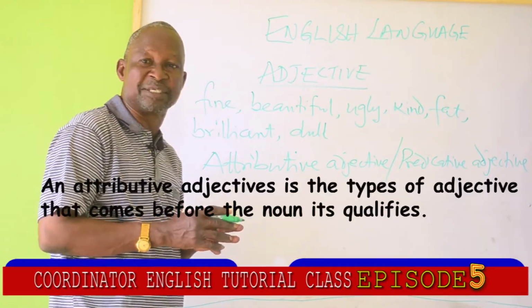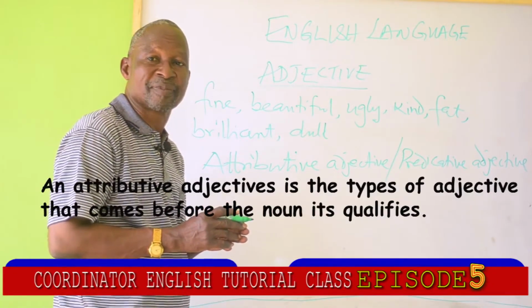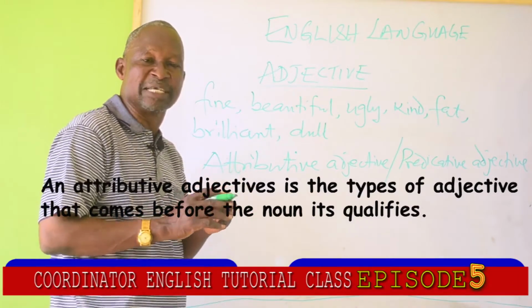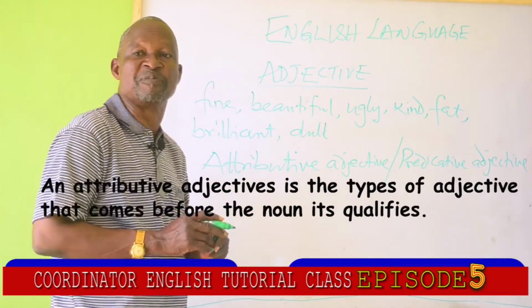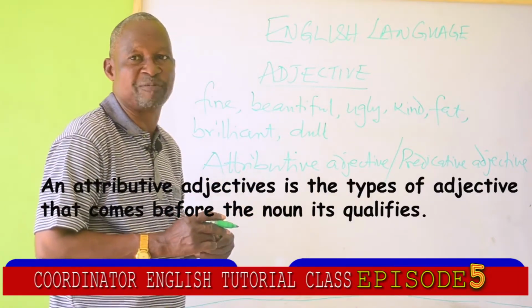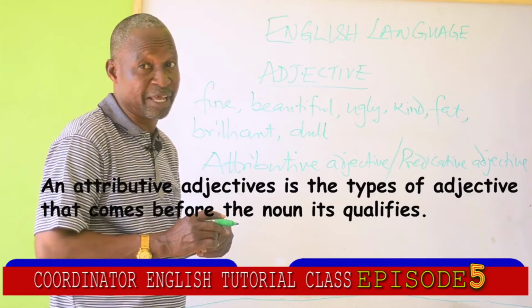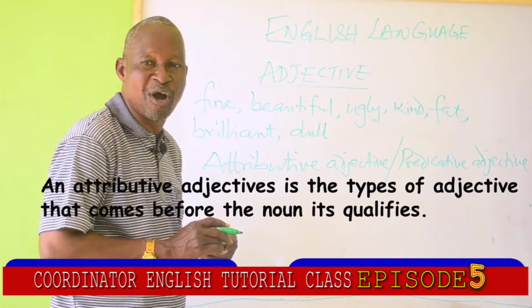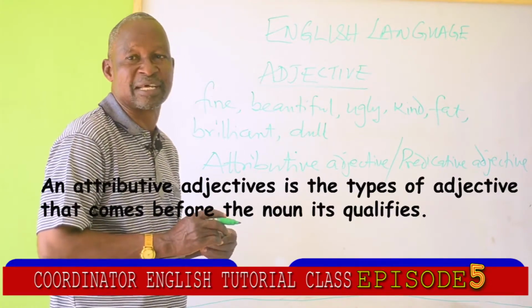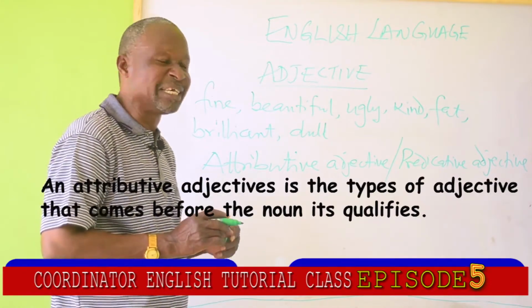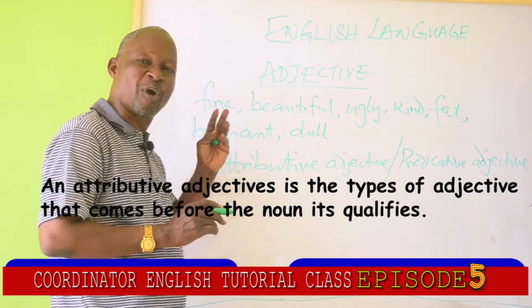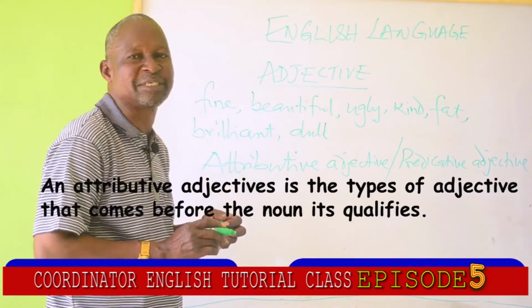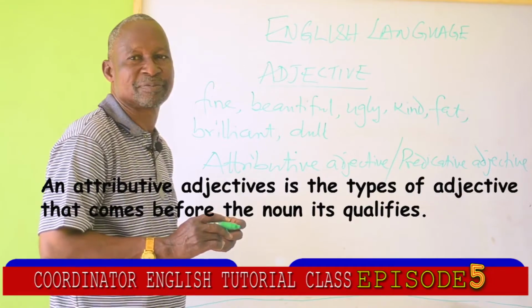An attributive adjective is the type of adjective that comes before the noun it qualifies. When we say an adjective is used attributively, or it is recognized as an attributive adjective, it means that this adjective comes before the noun it qualifies.